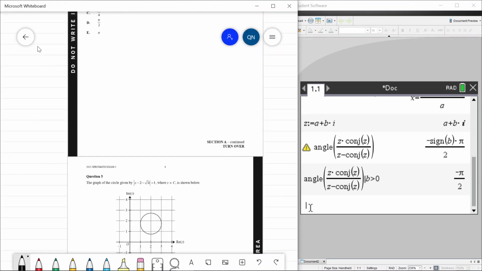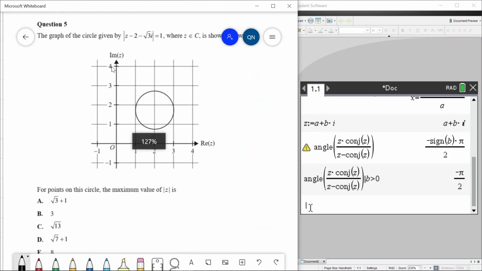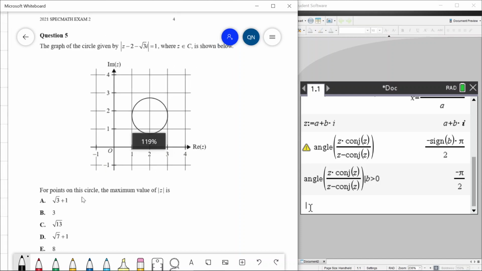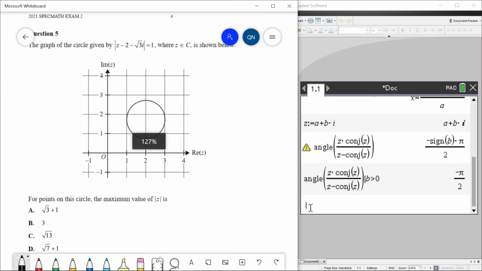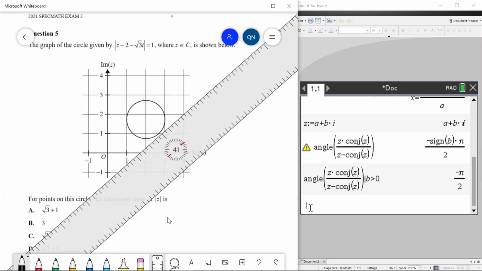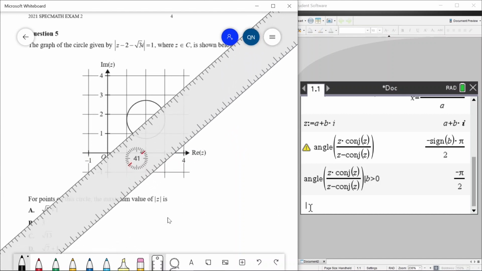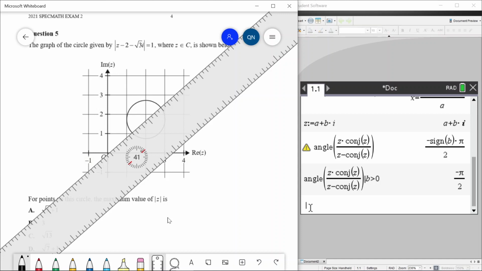Question 5. So we want to find the maximum value of the modulus of z. So we're on the circle. Modulus of z, that's just the distance between some point on the circle and the origin. So how do we maximize that? Well, the only way to maximize it is if you draw a line through over here.